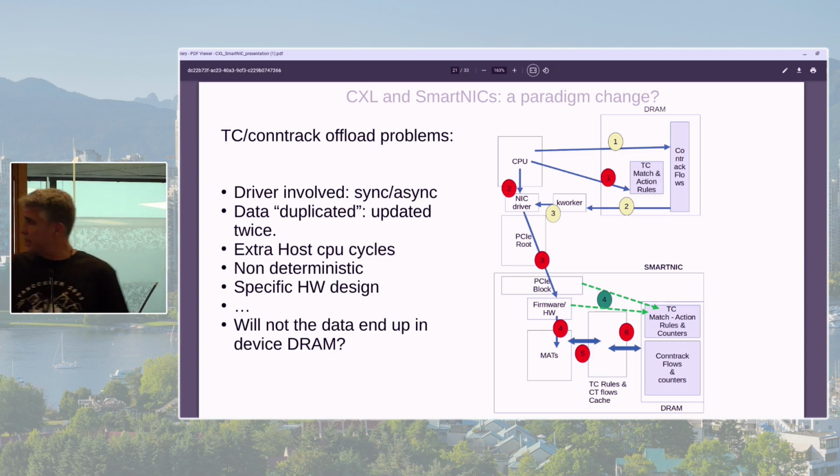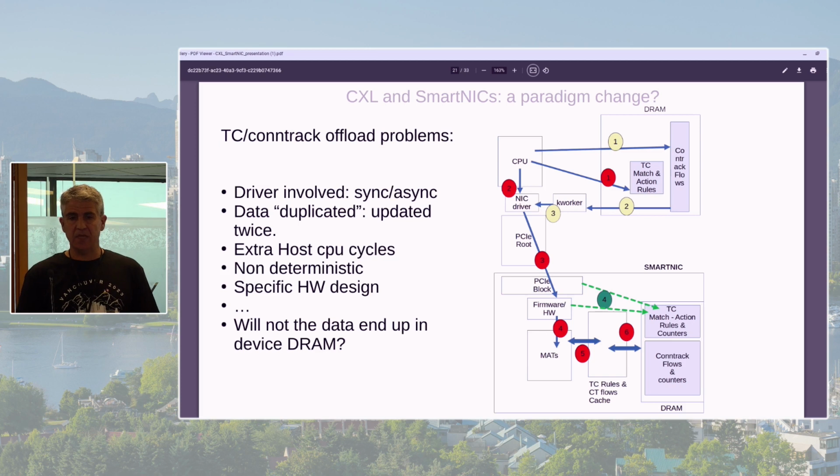And another thing that I want to comment on is this: okay, the data is sent to the hardware, but when is it going to be here or there? Because you need a specific hardware there for redirecting that control path data to the final destination where the hardware data path can use it. This is up to the vendor, but it requires some kind of firmware and hardware design for doing that.